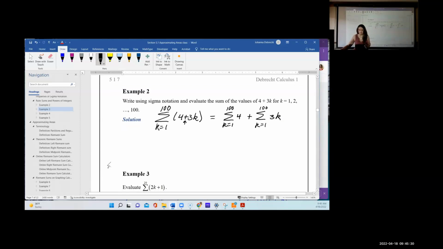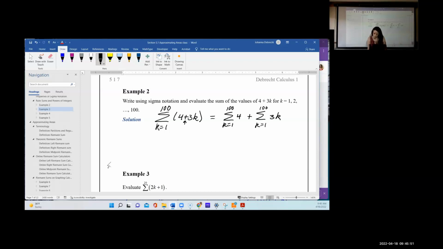But wouldn't it be, are we also adding in the 4? Isn't the 4 part of the summand? So it's being added 100 times. So it's included in what's being added 100 times.